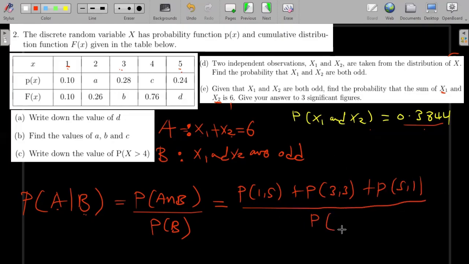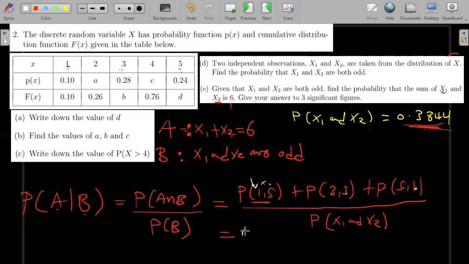The probability that X1 and X2 are odd is just this one here. So how do we find the probability of (1, 5)? This is the same as the probability of 1 multiplied by the probability of 5. This one is the probability of 3 multiplied by the probability of 3. This one is the probability of 5 multiplied by the probability of 1.